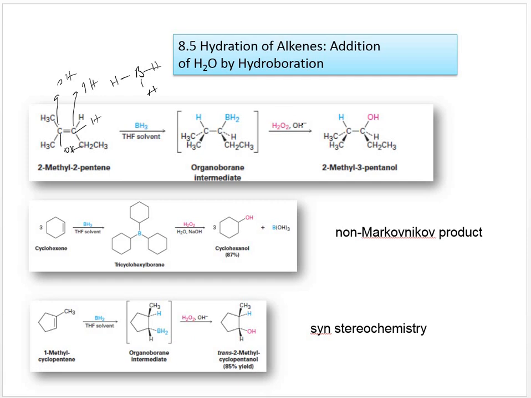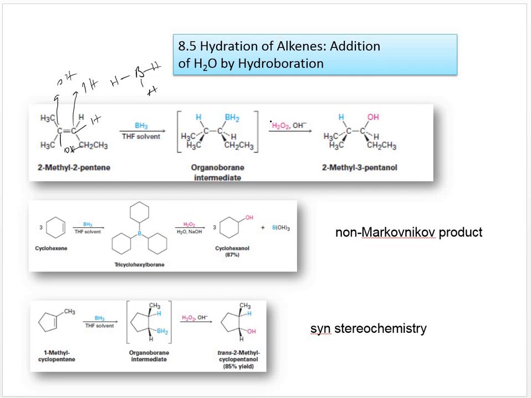Then in the second step, because it is a two-step procedure, if you use hydrogen peroxide in basic conditions, OH minus is the base, what happens? The carbon-boron bond breaks and we introduce OH here. So it's an oxidation reaction, as hydrogen peroxide is an oxidizing reagent.